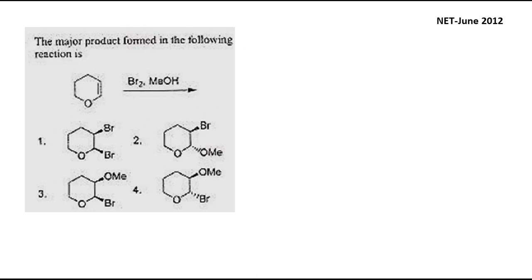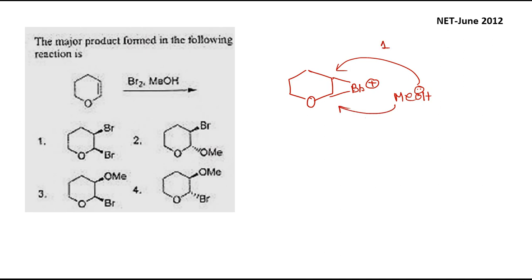Now this is very simple. Even if you do not consider the stereochemistry, you can solve this problem. A C=C double bond is present, so there will be bromination first. Positive charge is there. Now in presence of MeOH, there will be attack either from this side or this side. Suppose this is 1, this is 2. If you consider attack 1, then obviously it is as if you are attacking the OMe at this carbocation.